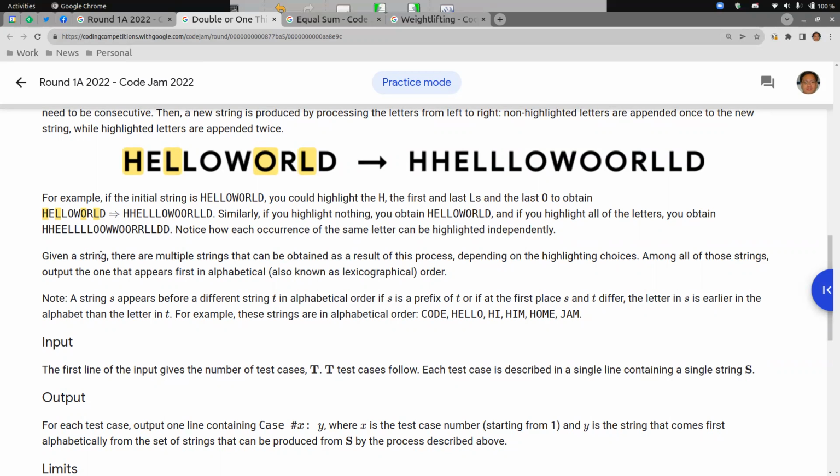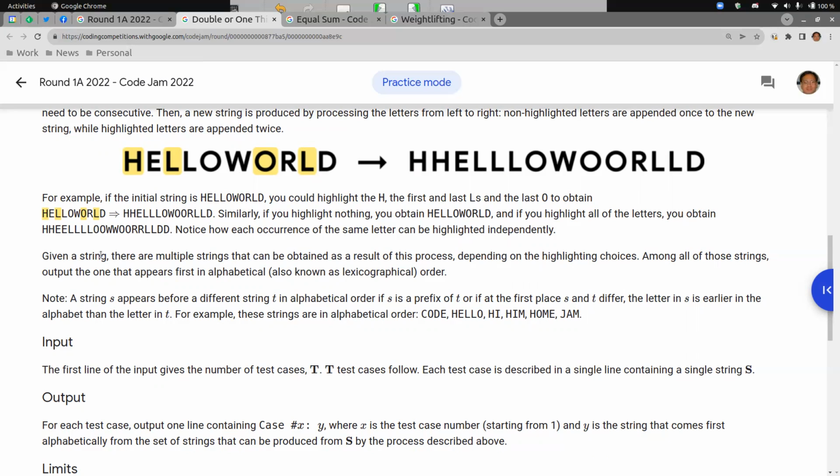Okay, so basically you have to say, let's look at all the possible ways of highlighting letters. For each one, you can figure out what the resulting string is by doubling up the highlighted characters. And out of all those possible strings, pick the one that is smallest lexicographically.